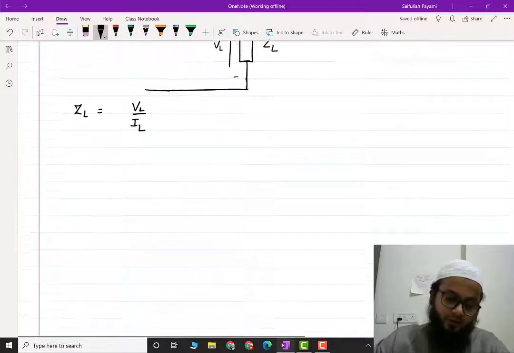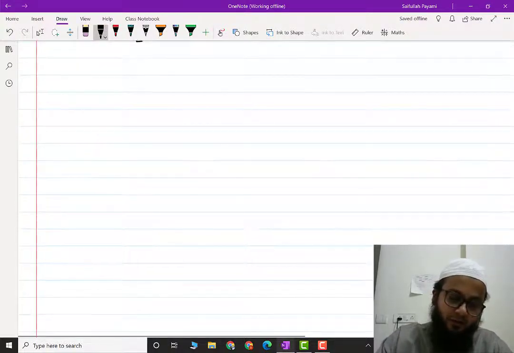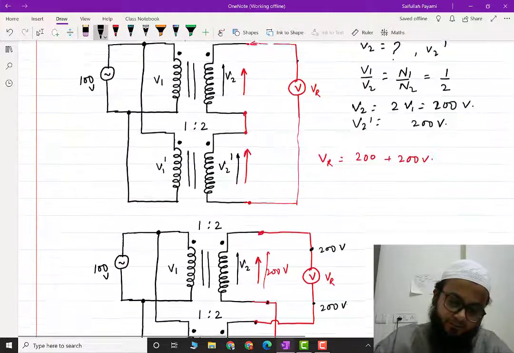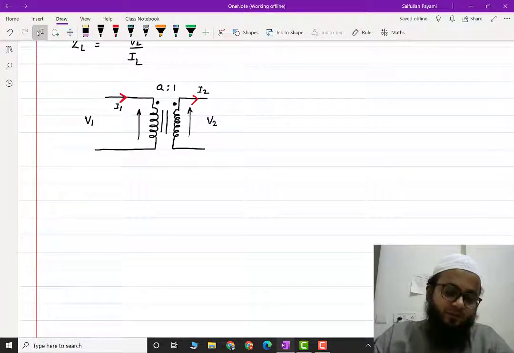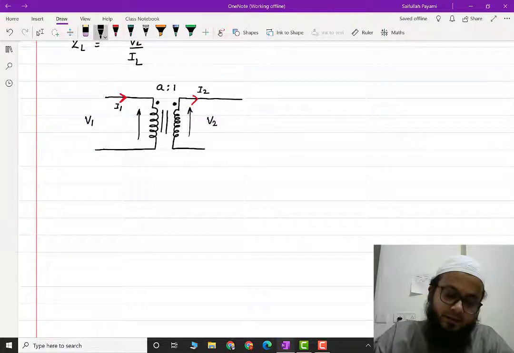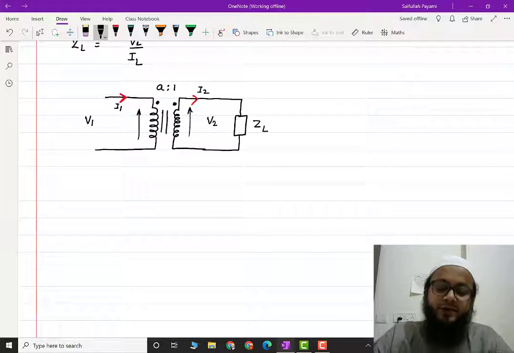Okay, so let's say with this background we have this ideal transformer. In this ideal transformer, at the secondary of it, some impedance or some load has been connected. Let's say the impedance of that load is ZL.